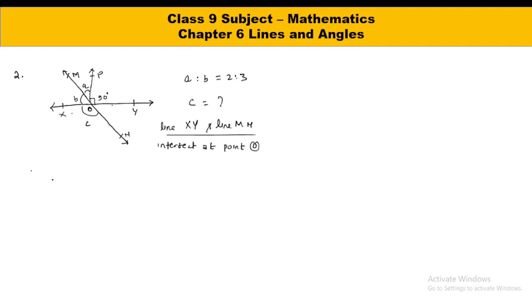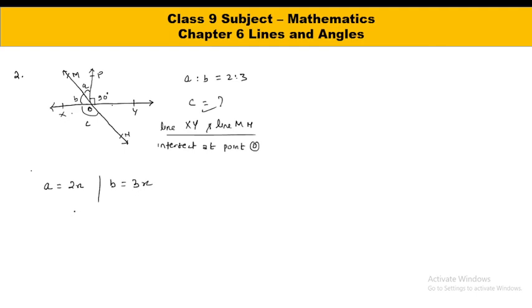We can understand that if these two lines XY and MN intersect, they will form some angles which are vertically opposite and they will be considered equal. But before that, the ratio of two angles has been given. Angle A, angle B ratio is 2:3, and we need to find angle C. So here let A be 2x, then B will be 3x.